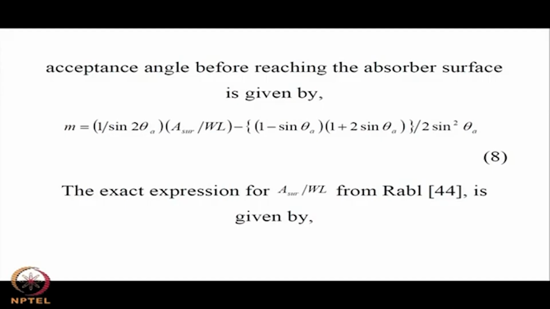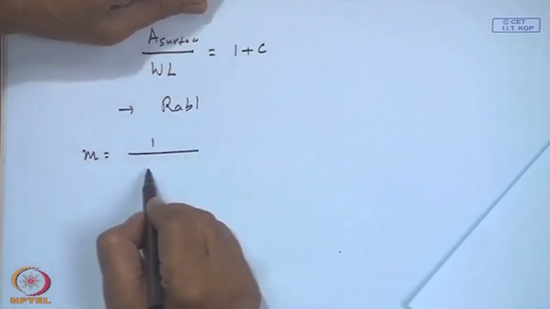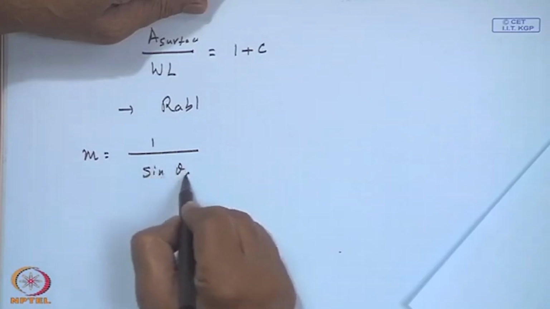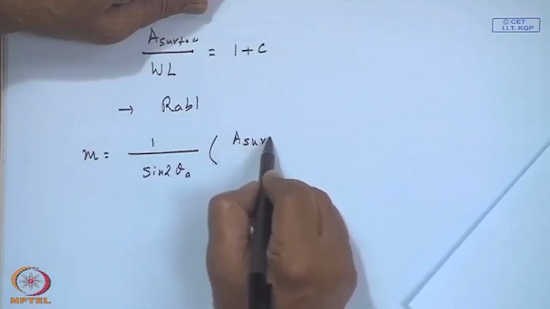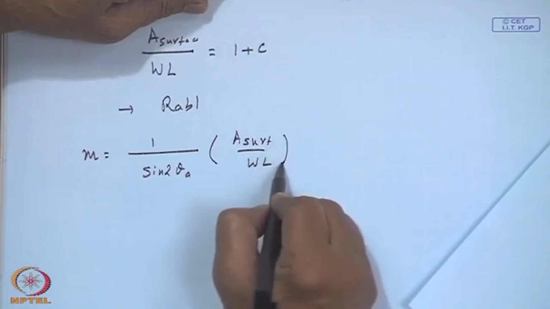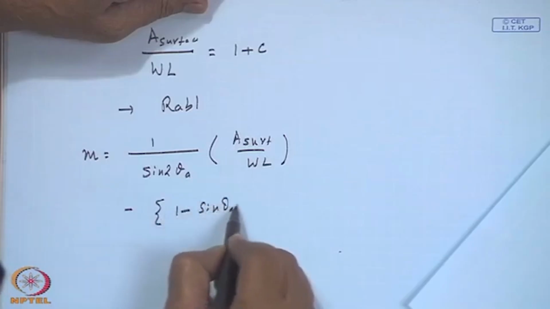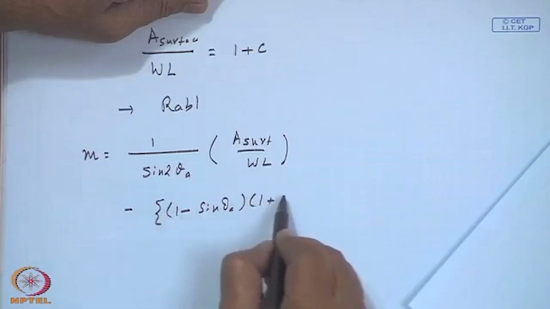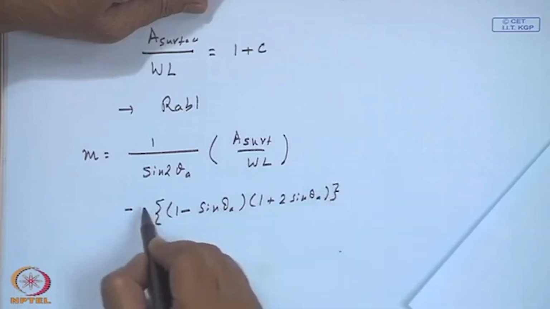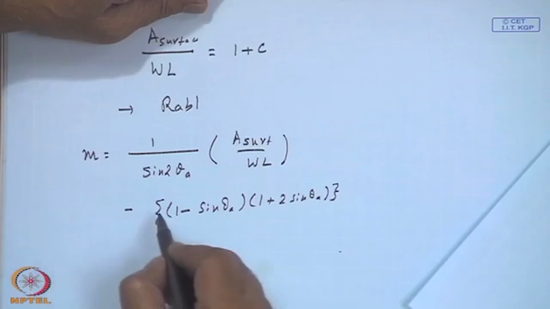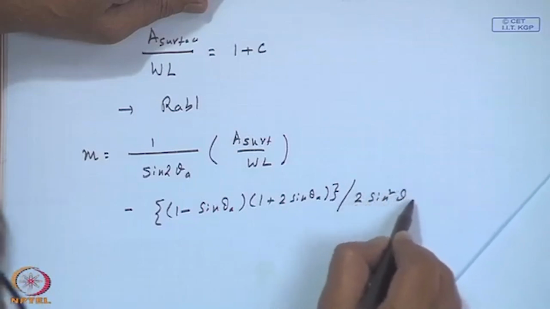So, if you have the acceptance angle before reaching the absorber surface, that can be expressed by 1 upon sin 2 times theta a, surface by WL, minus 1 minus sin theta a times 1 plus 2 sin theta a upon 2 sin squared theta a.